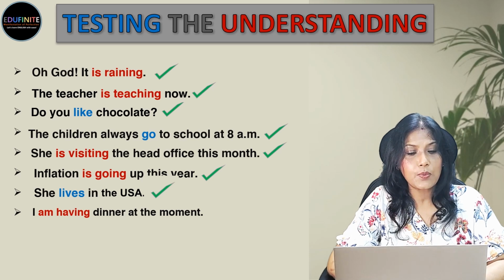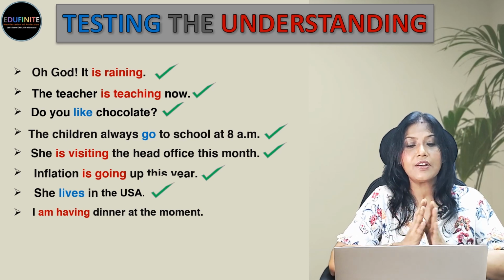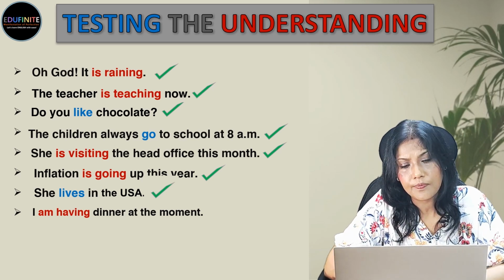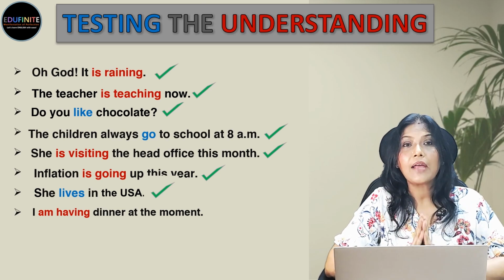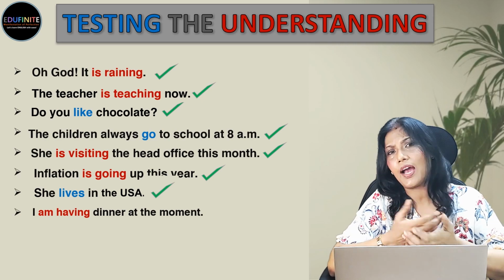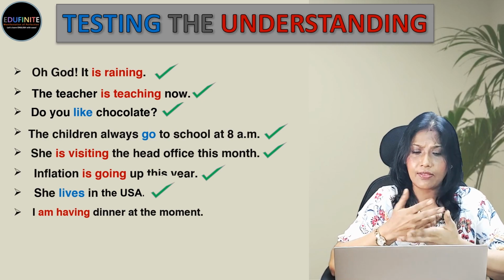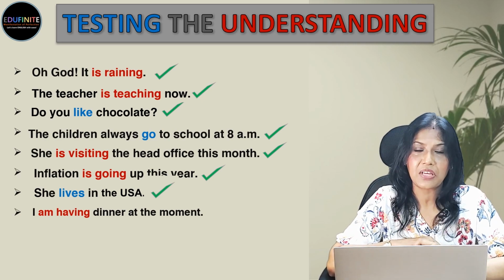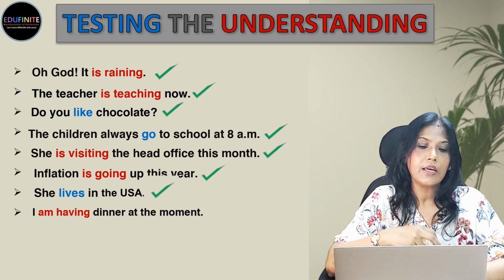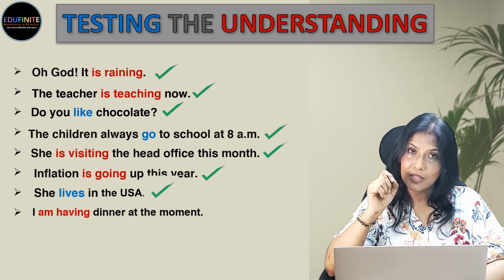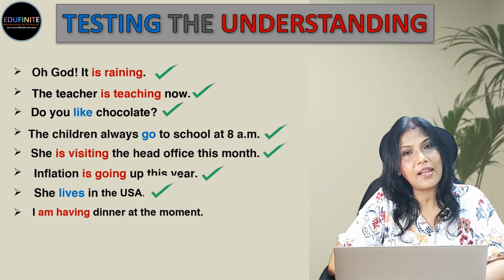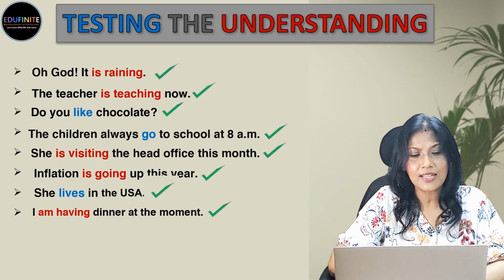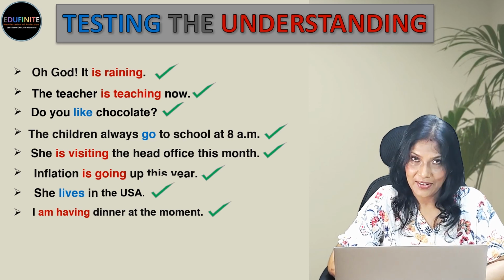Okay, the next one is "I'm having dinner at the moment." What do you think? Is it right or is it wrong? And by the way, having means eating. So we either say "I'm eating dinner at the moment," or we can also say "I'm having dinner at the moment." At the moment means right now. So yes, right now means present continuous tense, and this of course is right.